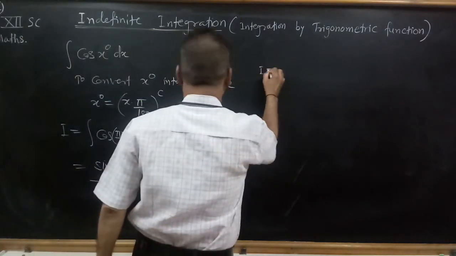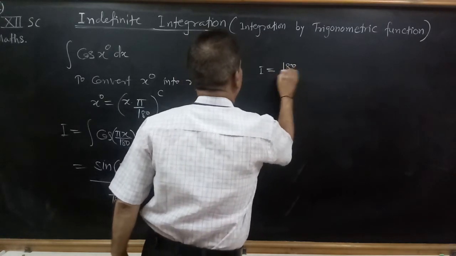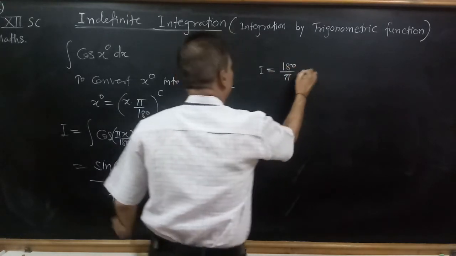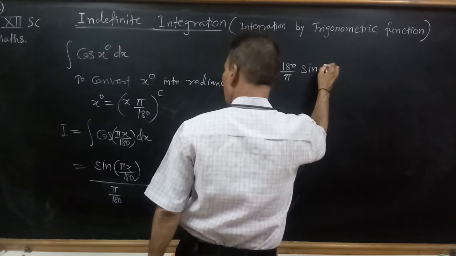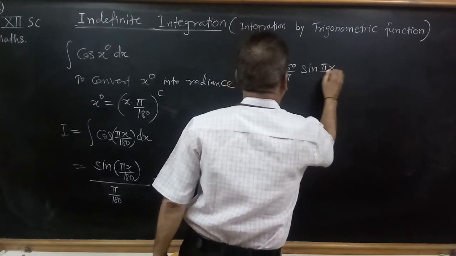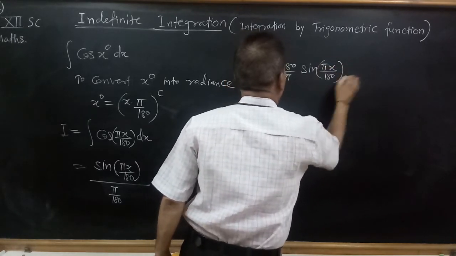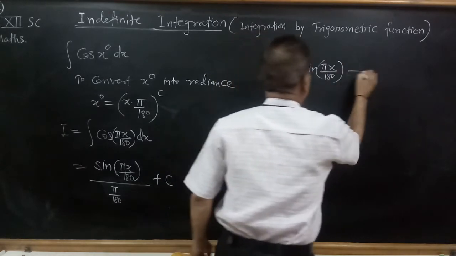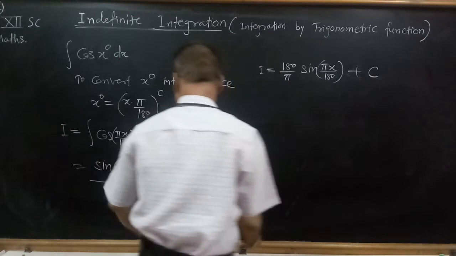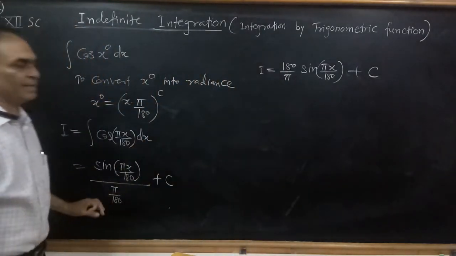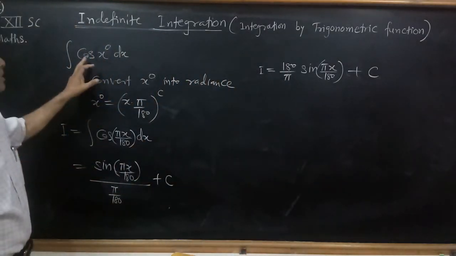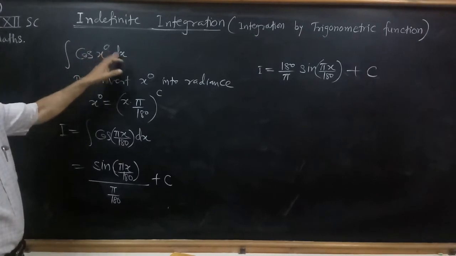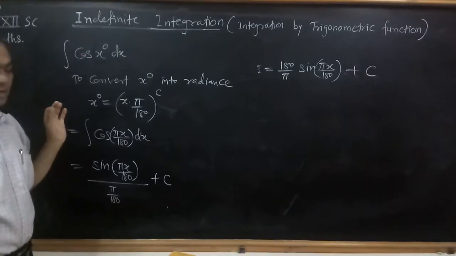Therefore, the final answer is 180 divided by pi into sine of pi x by 180, plus some constant of integration. This is the answer for integration of cos x degree dx.